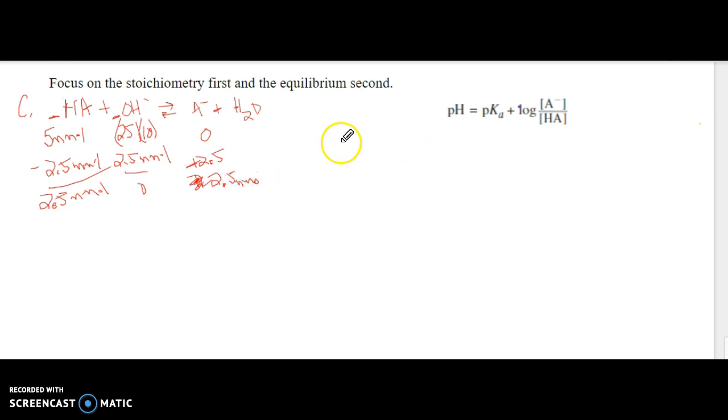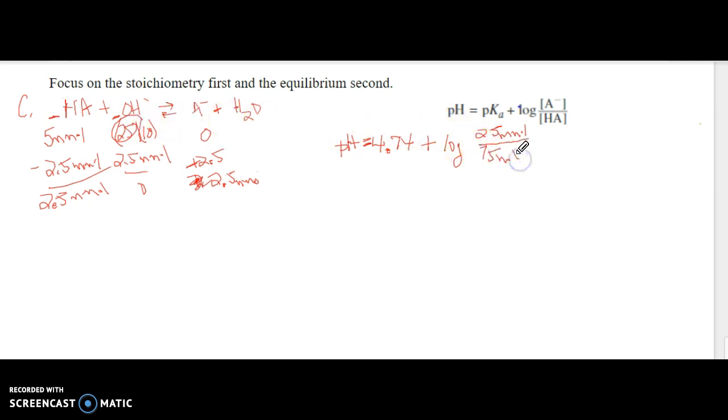So again, plugging in my pH equals my 4.74 plus the log of, now notice these are all going to cancel out, but for the AP exam, if you don't show the molarity and you just use moles, they will not give you credit for that. So this we have the 25 milliliters that we've added plus the original 50, so this is over 75 milliliters.